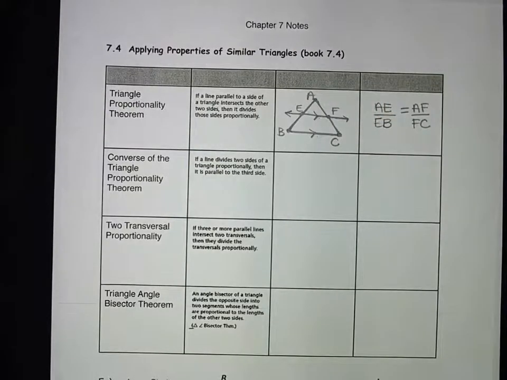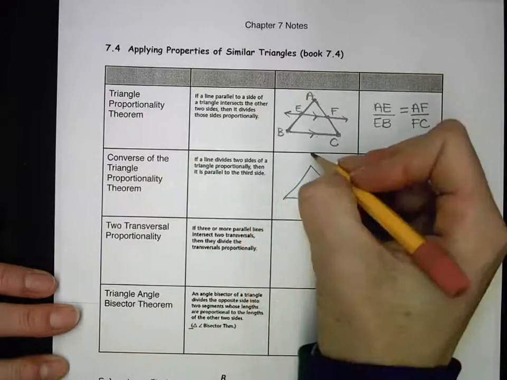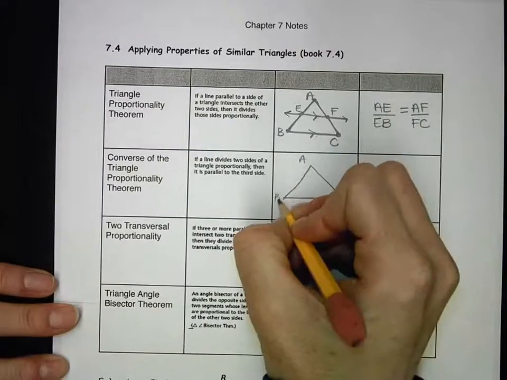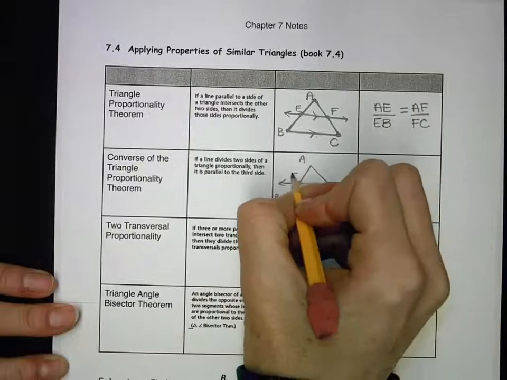The next theorem we have is called the converse of the triangle proportionality theorem. So if a line divides two sides of a triangle proportionally, then it is parallel to the third side. So in this case, if we draw another triangle, again ABC, and we'll call this line EF.